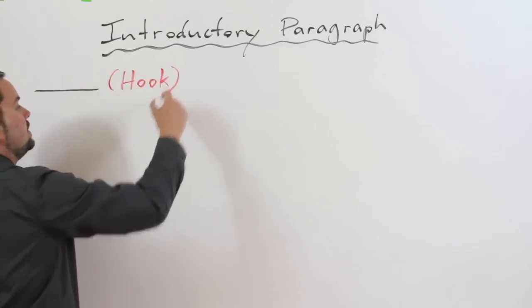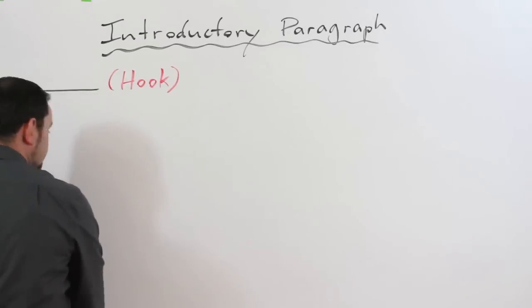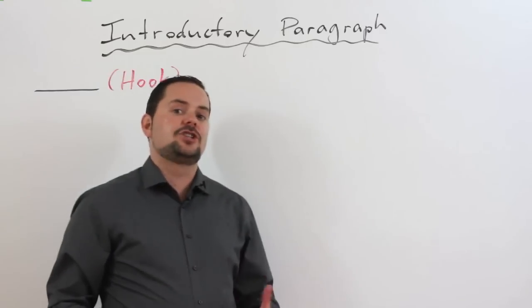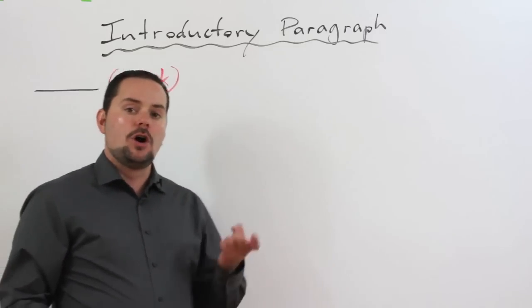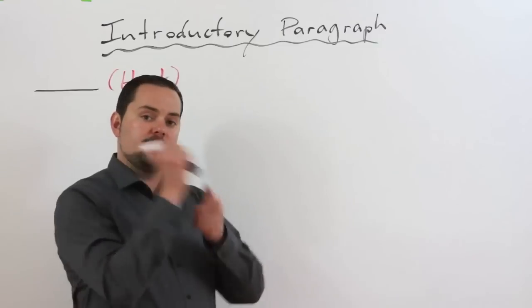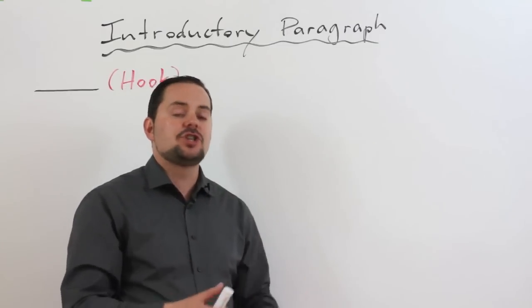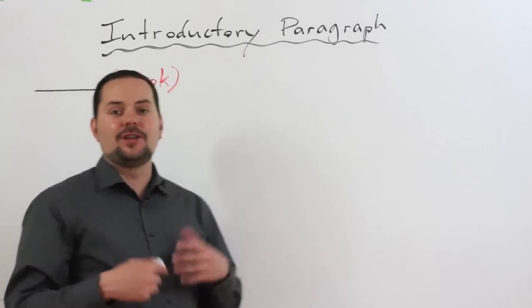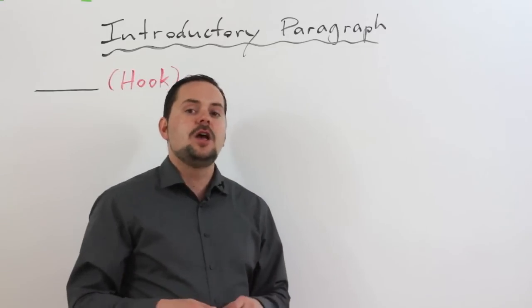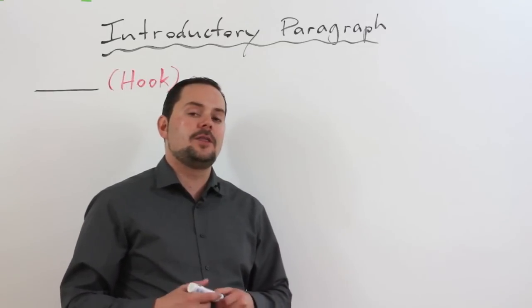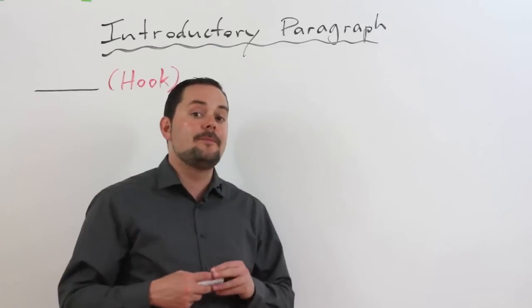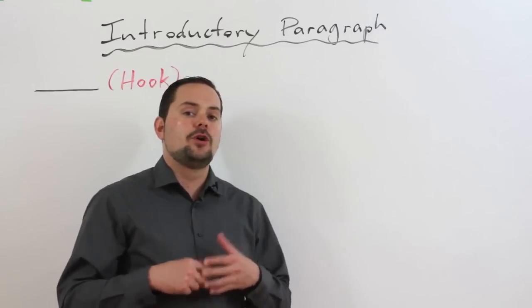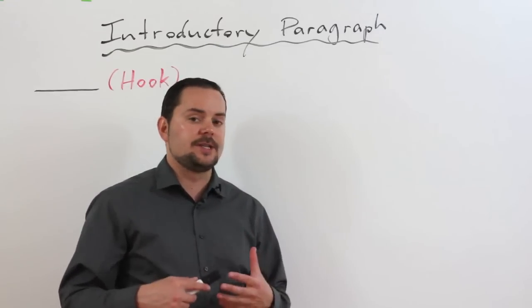So the first sentence in the introduction is something that catches the reader's attention. So a hook, like a hook that's used for fishing, to catch a fish, in this case, you're of course not catching fish, you're catching the attention of your audience. So the idea to keep in mind is the hook has to be something interesting.